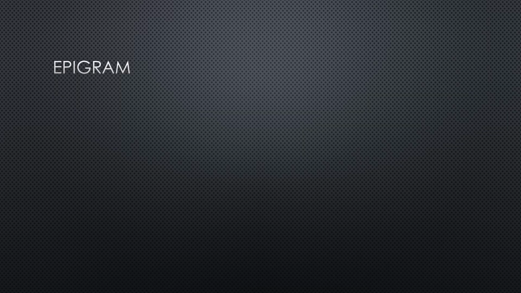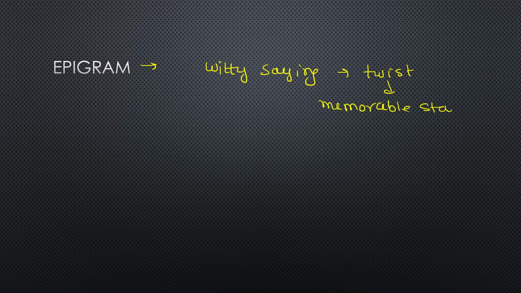Next, epigram. Basically, it is a short, witty saying, but it has a twist in order to make the statement memorable. For example, no one can harm you without your consent.